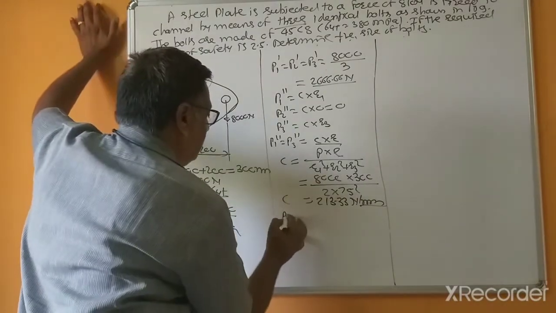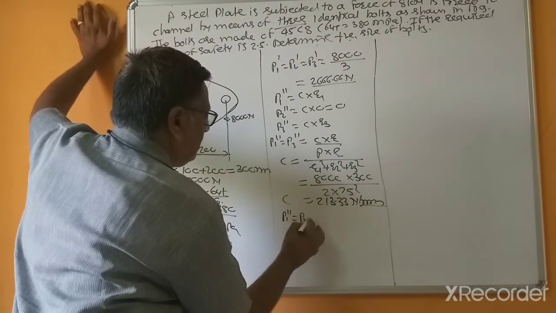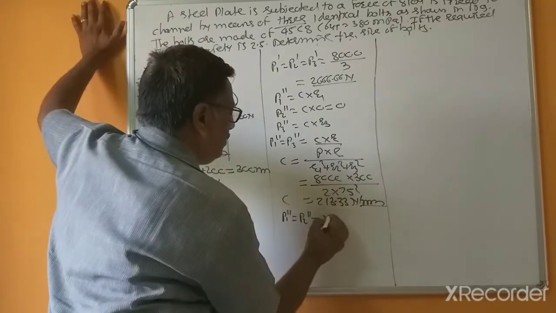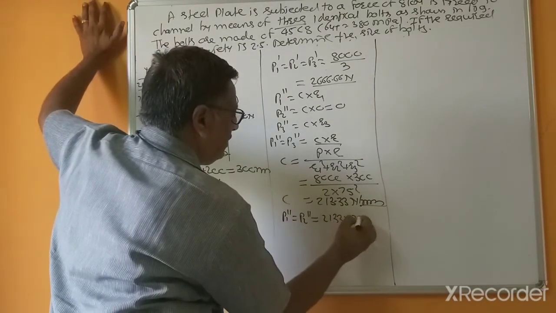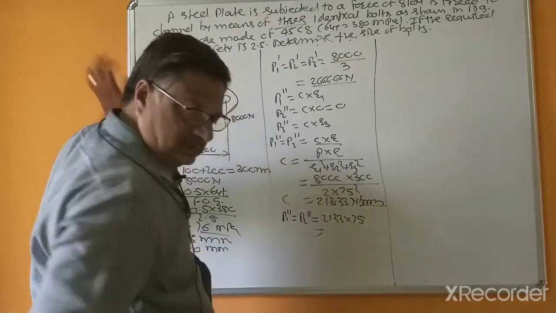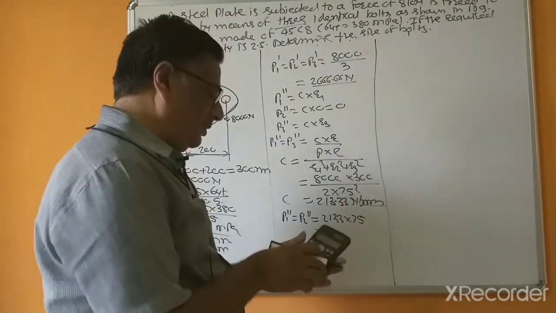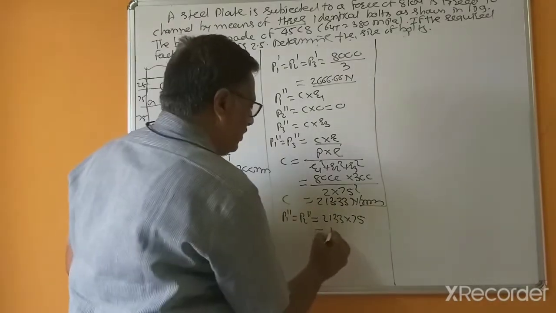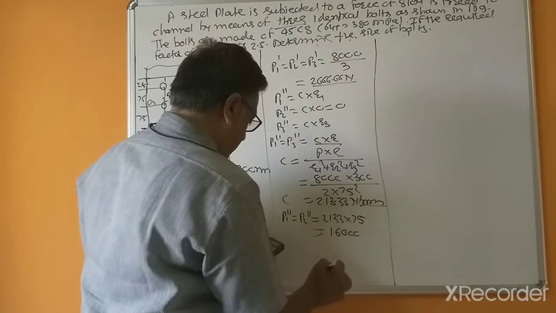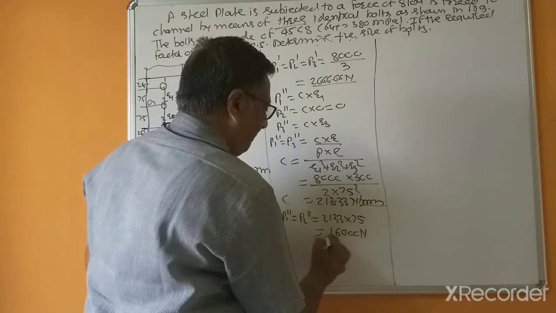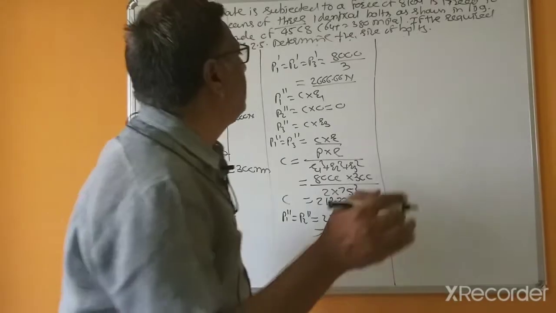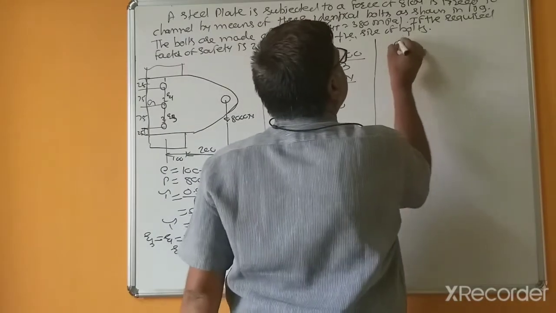That's why P1 double dash equals 213.33 multiplied by 75 multiplied by 75, which is equal to 16,000 Newton. Now we can draw free body diagrams.